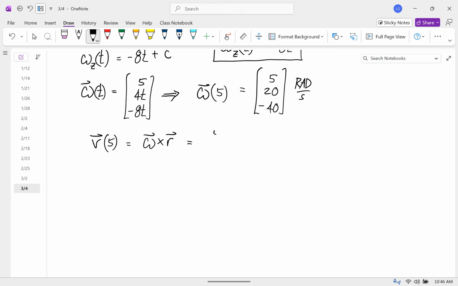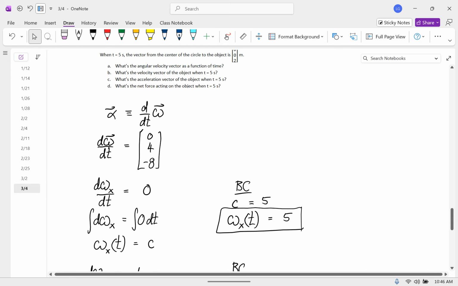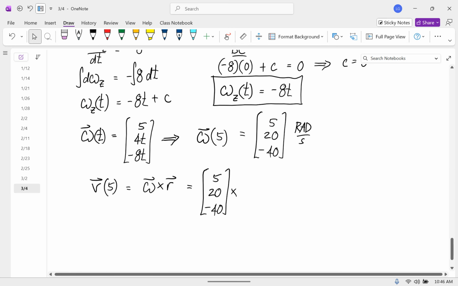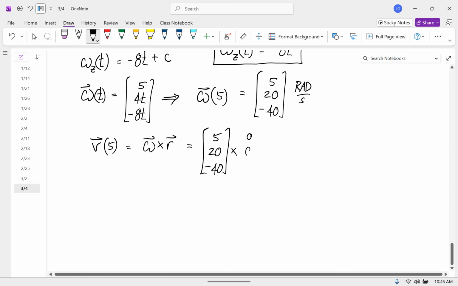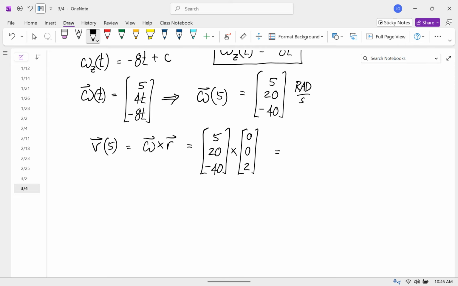So that is (5, 20, -40) crossed with (0, 0, 2). And so that is (40, -10, 0).